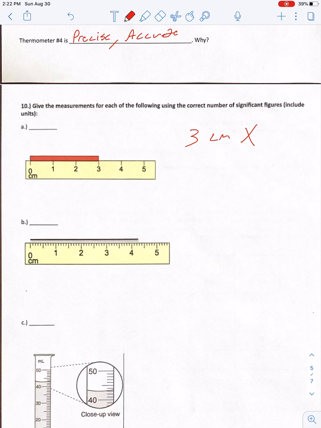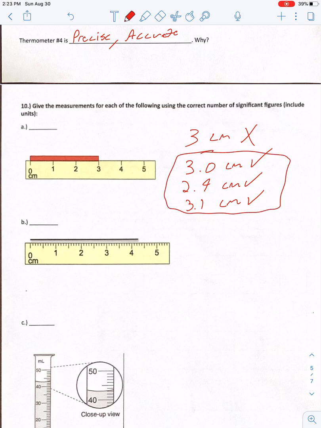If you think this is 3 on the dot, you would put 3.0. That would work. You could put 2.9. That would work. You could put 3.1. That would work. The key to this is I took it one more decimal place than I could see. So pretty much any of these would actually work.